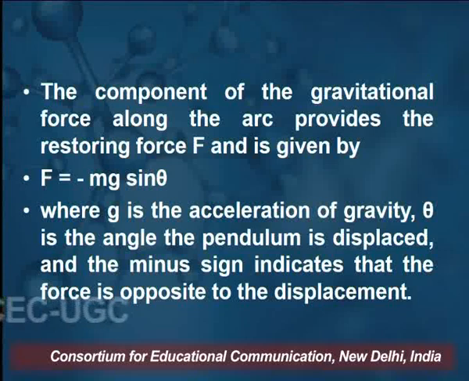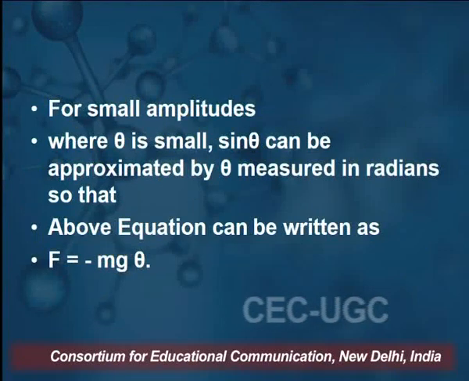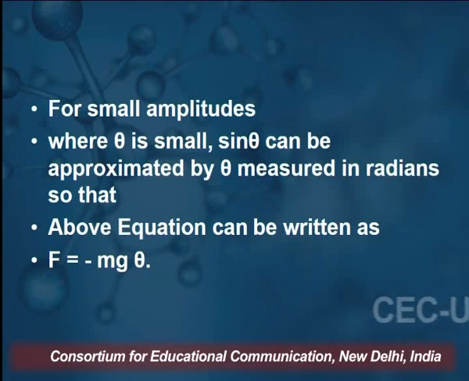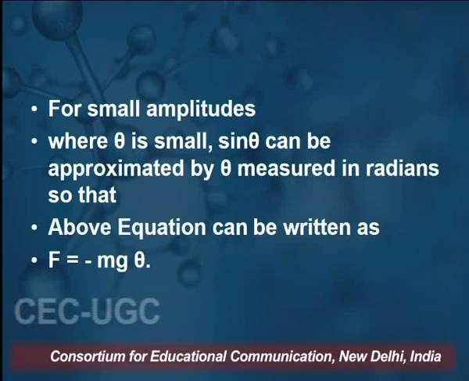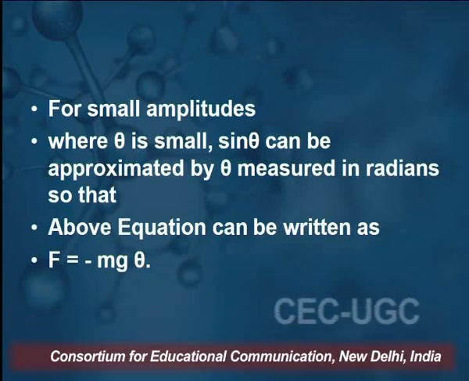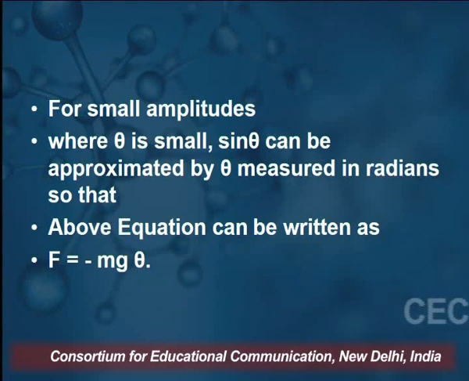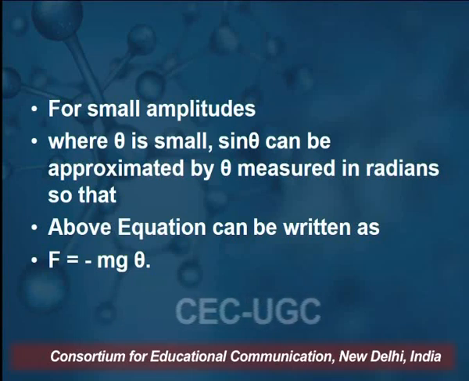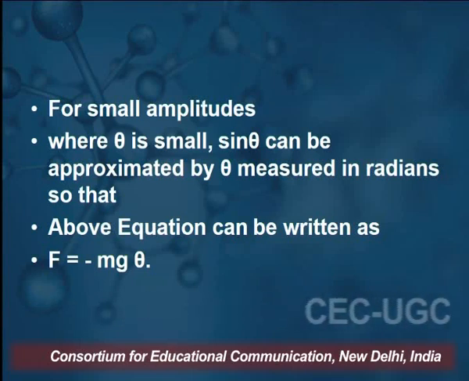Now for a small amplitude, theta will be small, then sin theta is approximately theta measured in radians, so we can write F is equal to minus mg theta. If the amplitude is small, the equation will be F is equal to minus mg theta.